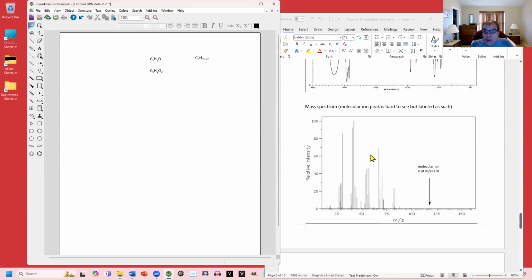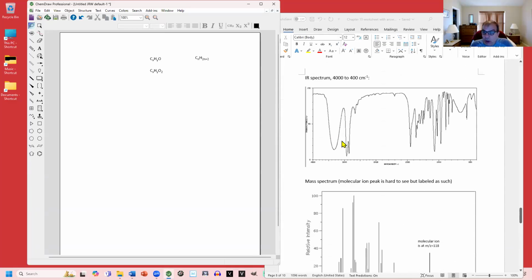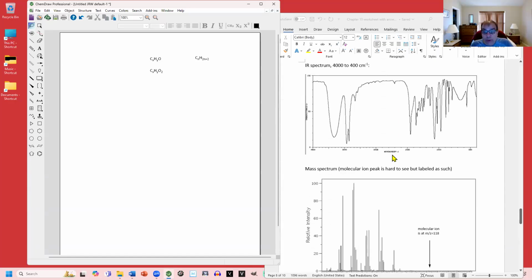We'll keep going. We also already know that there's an alcohol from the OH stretch in the IR spectrum. We also know there's no carbonyl, no C double bond O. I don't see that big peak at about 1700 wave numbers. All of our CH stretches are just below 3000 wave numbers, so I don't expect any of those H's to be attached to sp2 hybridized carbons.